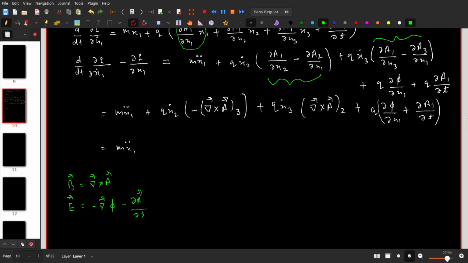So we have now plus qx2 dot, this is minus b3, the third component of the magnetic field, because B is curl of A, plus qx3 dot, curl of A second component means B second component, plus q, this is the negative of the first component of electric field, so this is minus E1.